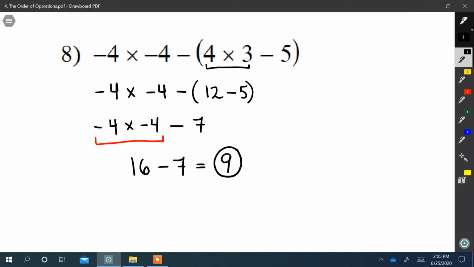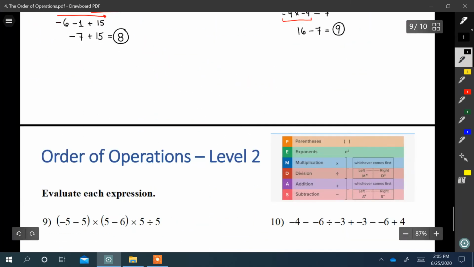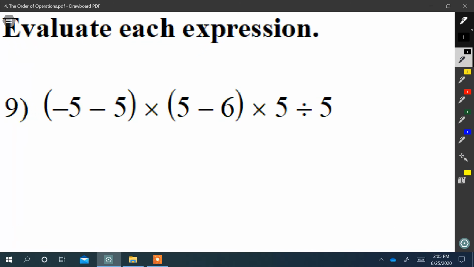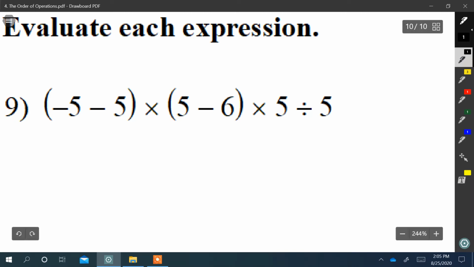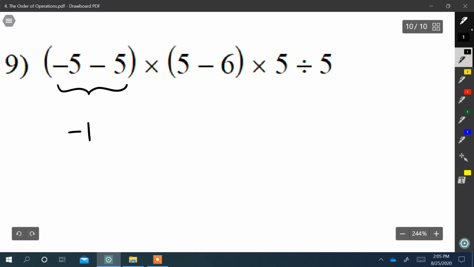We're going to do 2 more problems so you can see more exercises, and then we'll move on. All right, number 9. Go ahead and copy this one down, and let's work on it. We're going to do parentheses first. We've got negative 5 minus 5. It's actually negative 10.